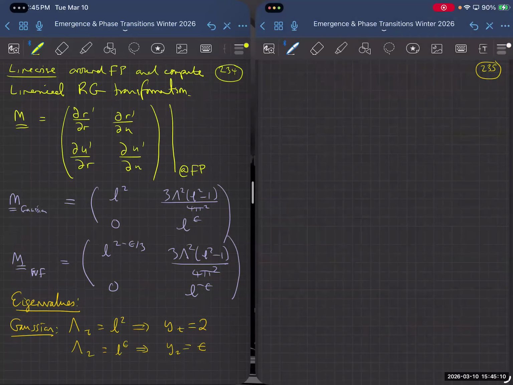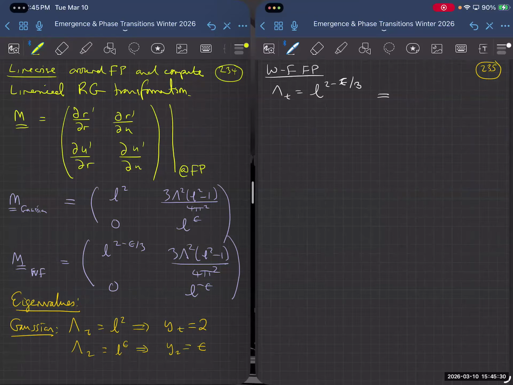And then for the Wilson-Fisher fixed point, I get that lambda t goes like L to the power 2 minus epsilon over 3.